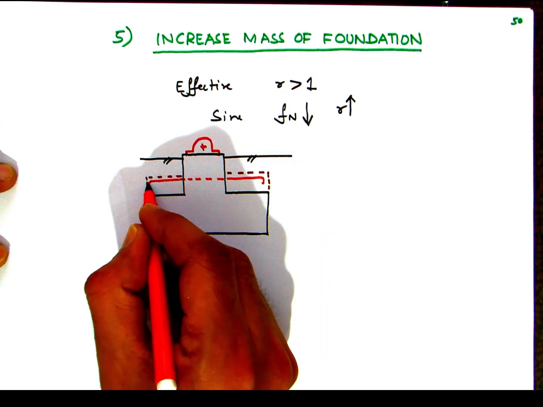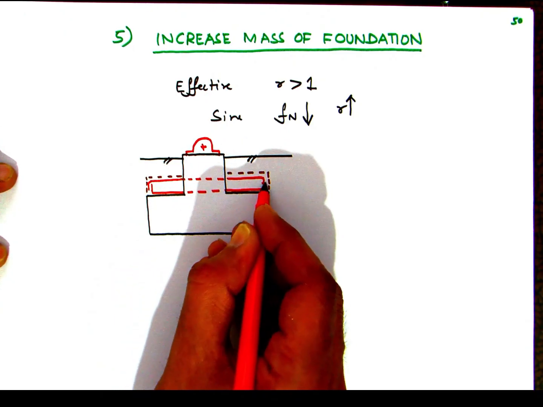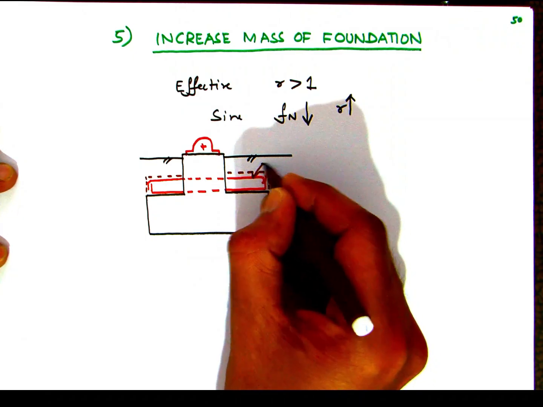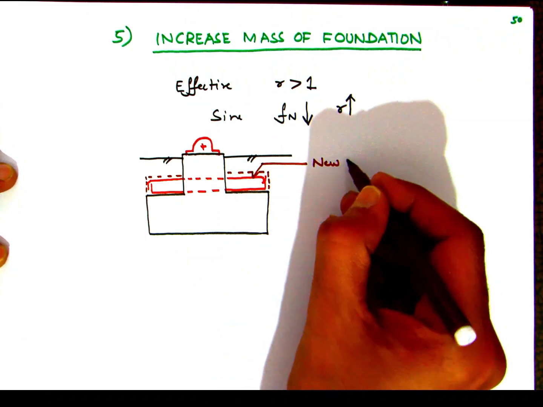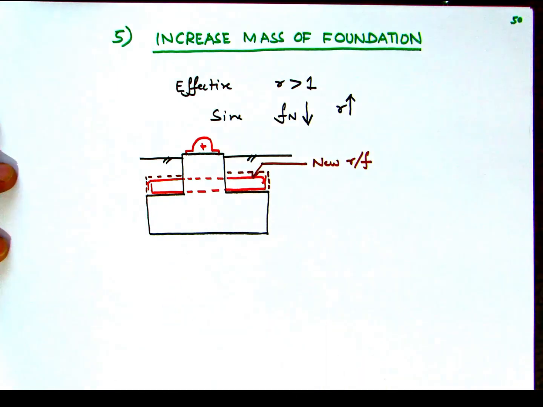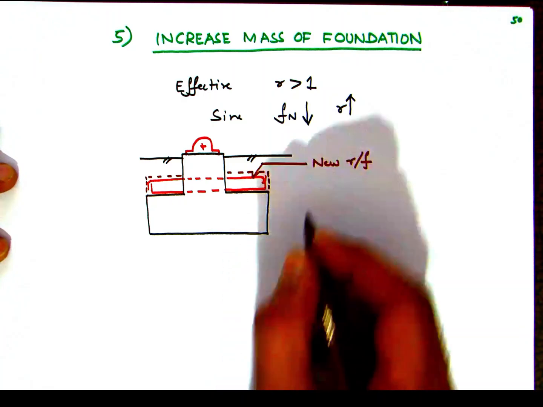So new reinforcement is laid. It preferably passes through the pedestal and in any case needs to be welded to the previous reinforcement if it's not passing all through the pedestal, and then new concrete is cast.